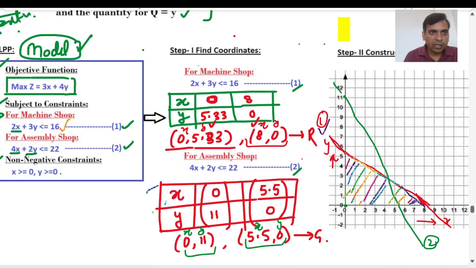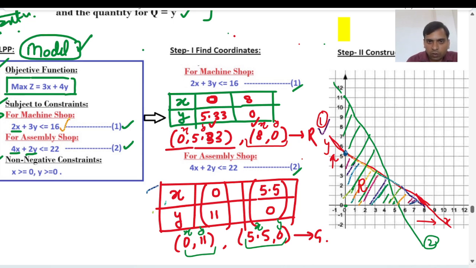And for this second equation, this is also less than 22. Less than 22 means either 22, or less than 22, 21, 20, or up to 0. So for this line, the direction for 0 is this downside region. Now you will see a common region, where both the constraints are satisfied.